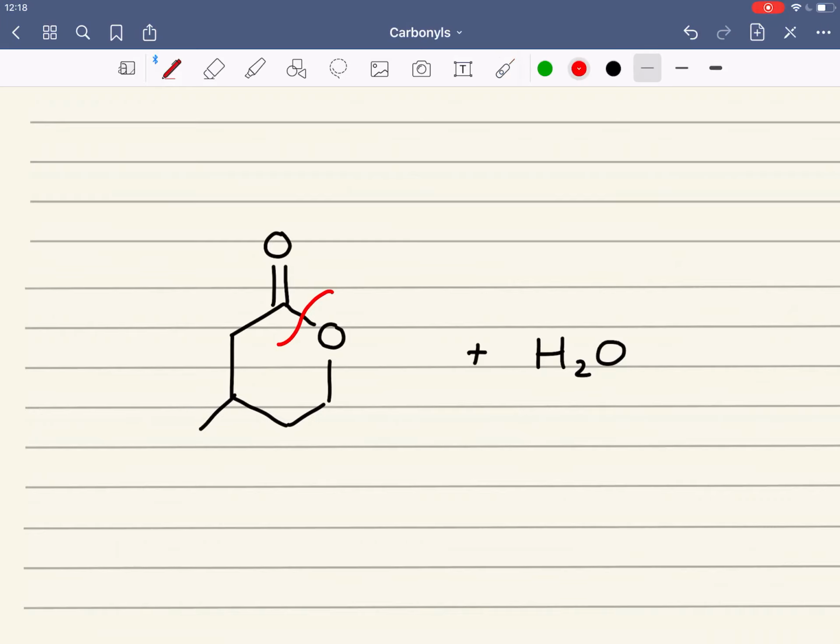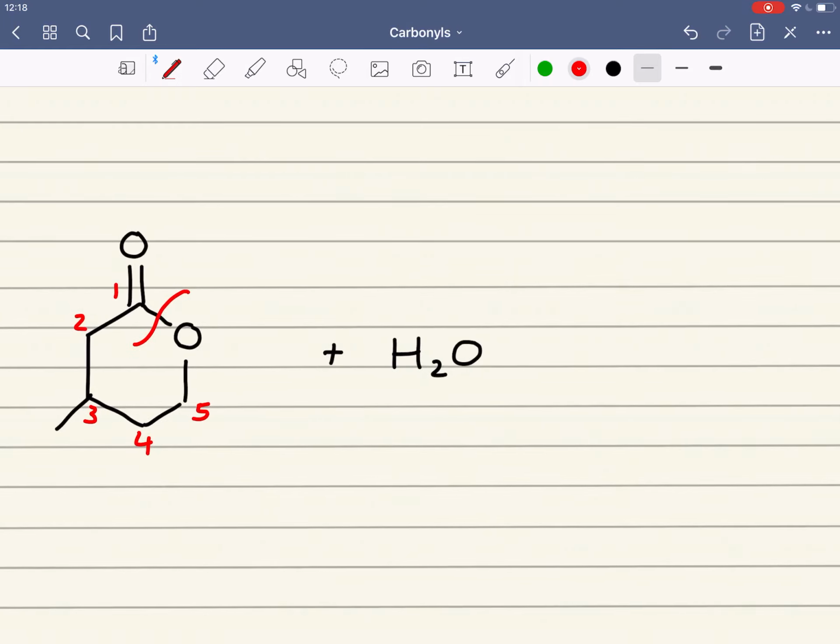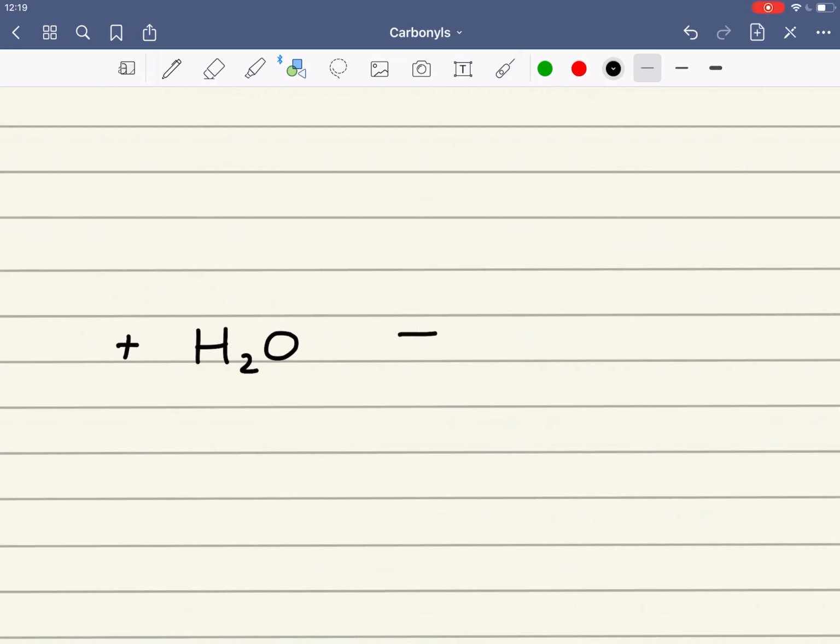Now, the structure of the molecule formed is easier to figure out if I number these carbons. So carbon 1, 2, 3, 4, and 5. So the first thing I'm going to do when we're looking at the product of this particular reaction, and as I said, it's going to be acid catalyzed, so it's reversible.